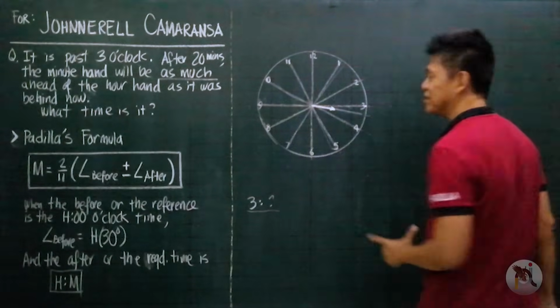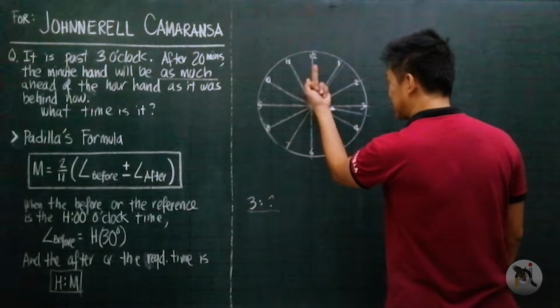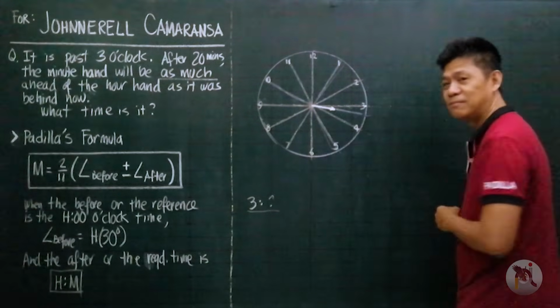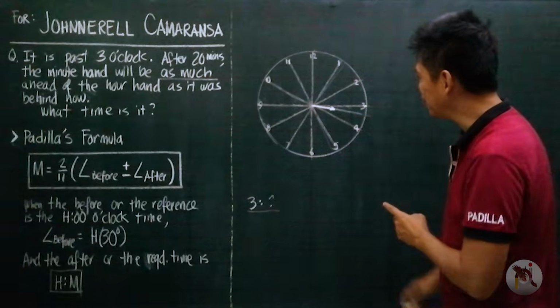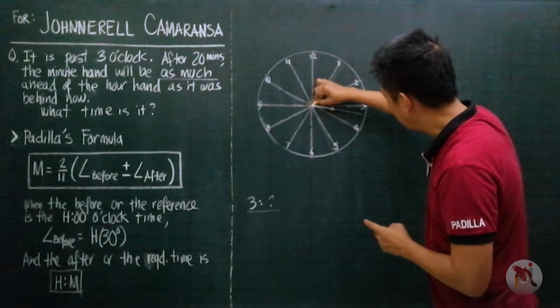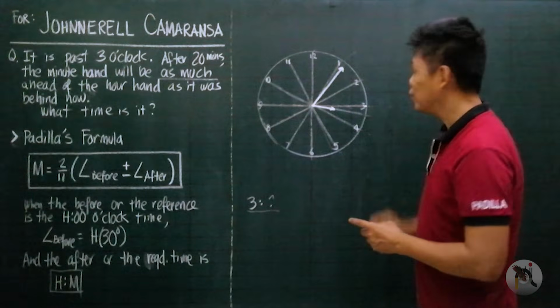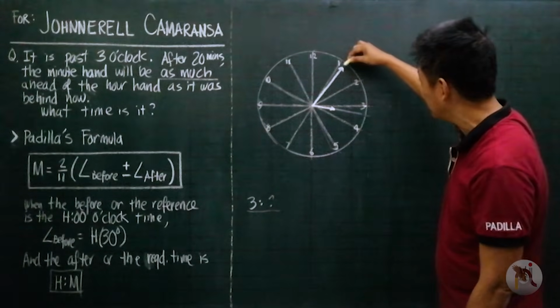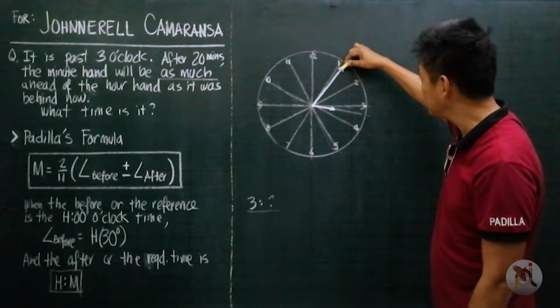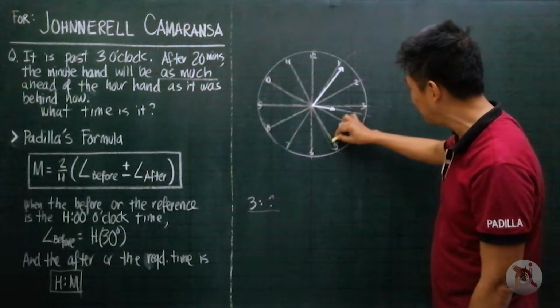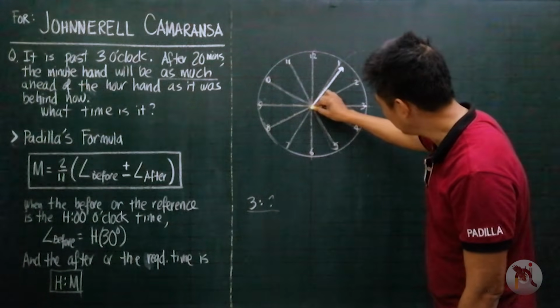So 20 minutes is 4 partitions. But it is not mentioned that the minute hand is towards 12. So if we draw it properly, our minute hand now is this one. 20 minutes after, there will be 4 partitions, 1, 2, 3, 4, plus this one. It will be here.